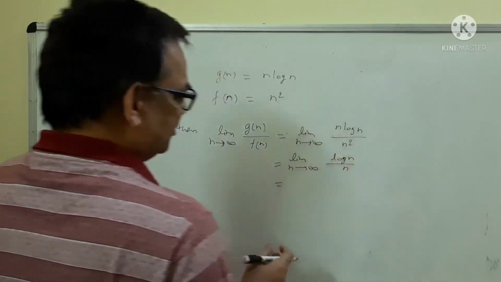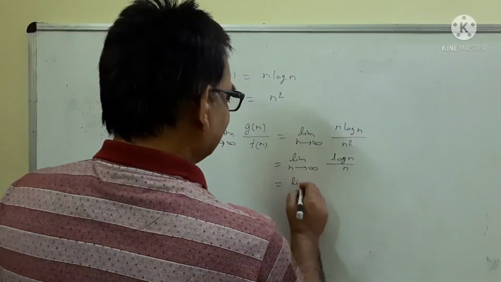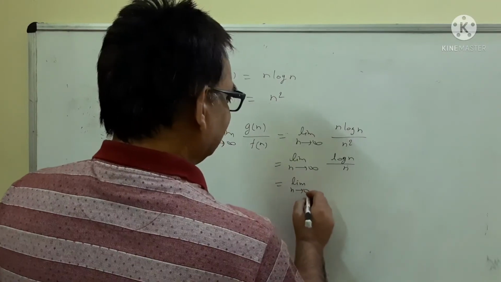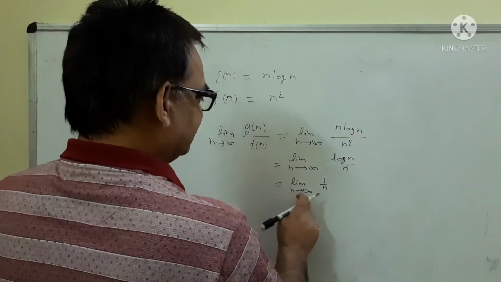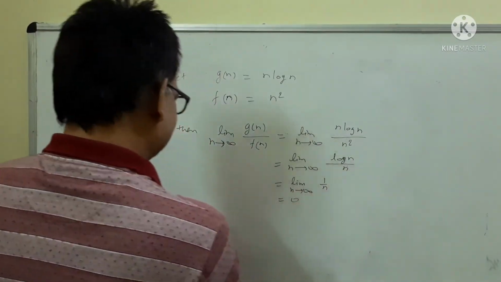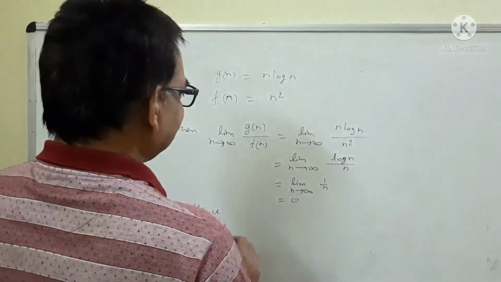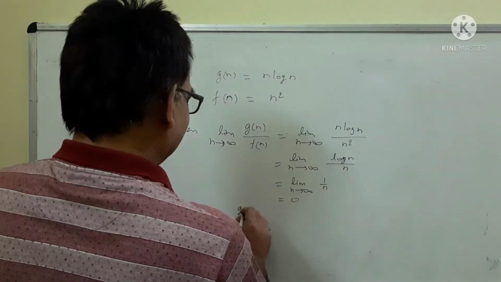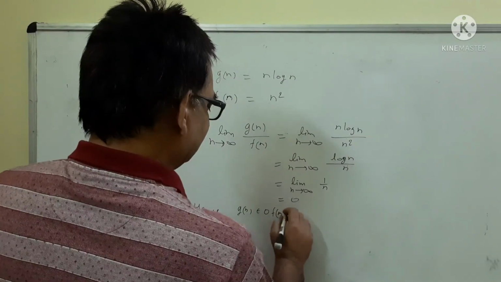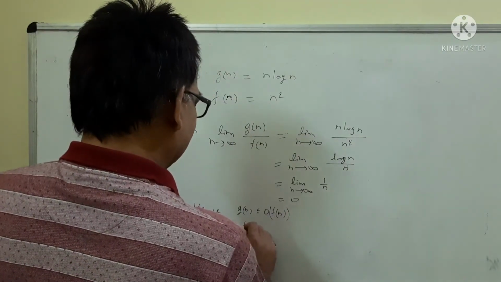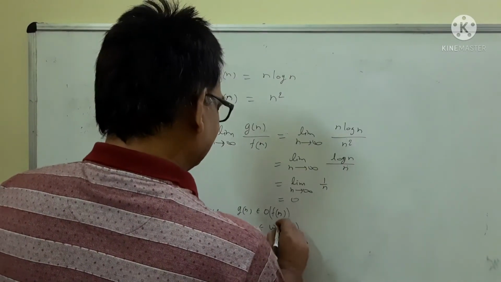By L'Hospital's rule, since this is of the form infinity upon infinity, differentiating log n gives 1 by n and differentiating n gives 1, so as n tends to infinity, 1 by n is 0. Hence, in this case g(n) belongs to little o f(n), or f(n) belongs to little omega g(n).